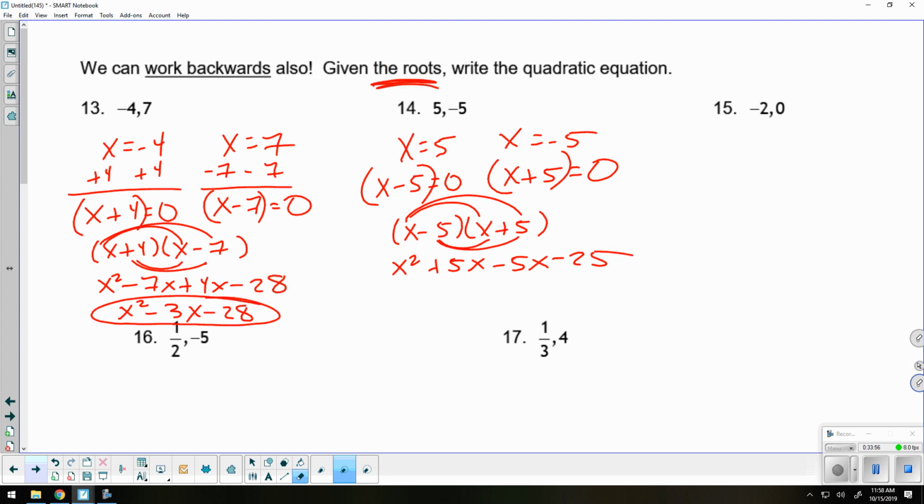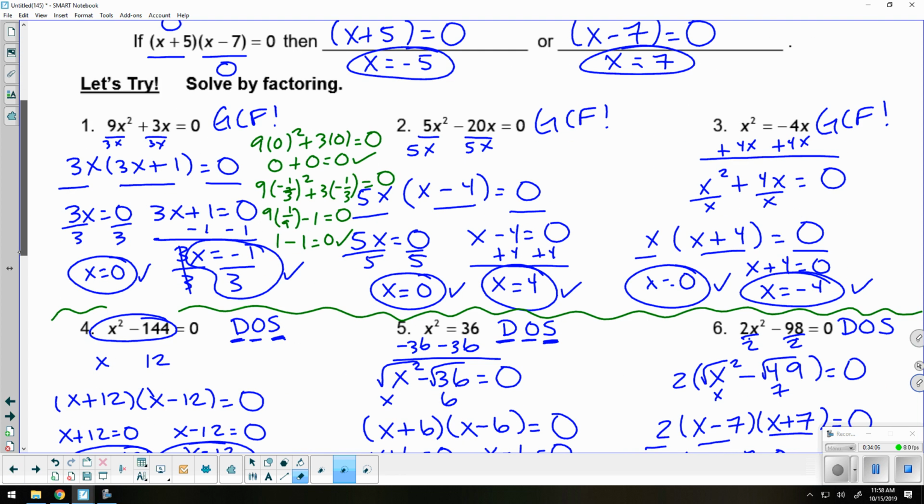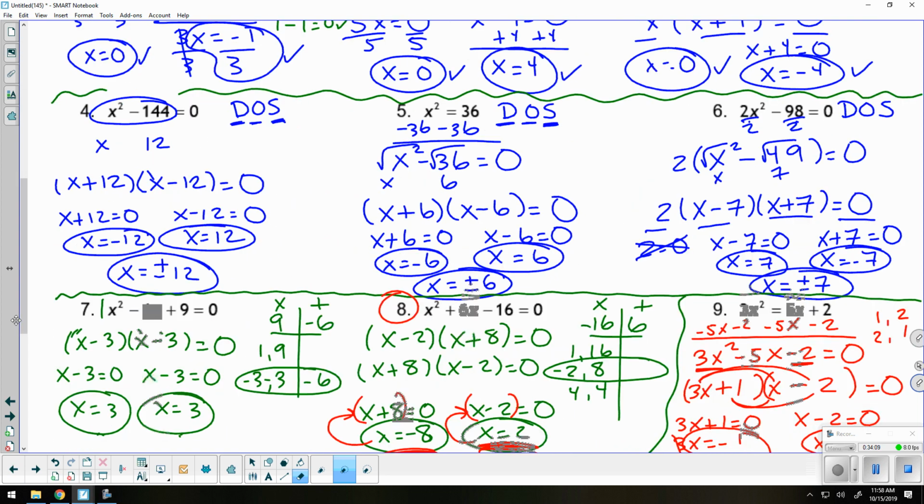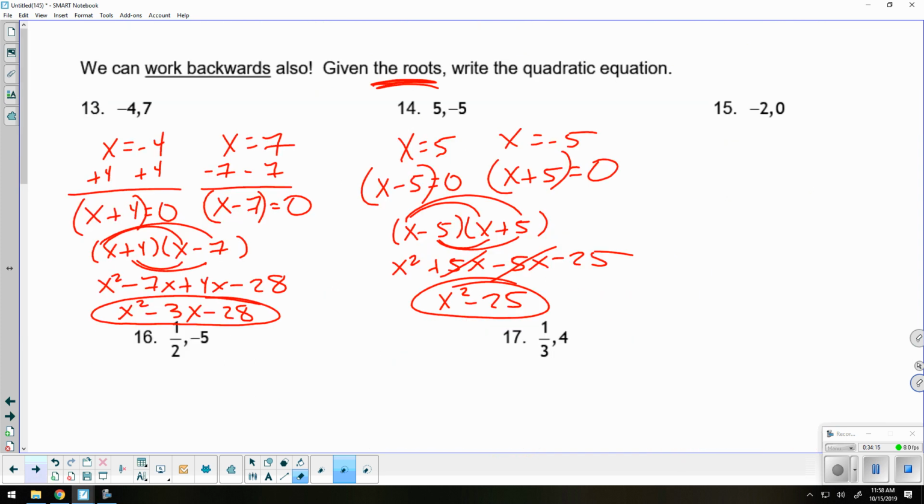Combine your like terms, but these just cancel. And guess what? You got a difference of squares, which makes perfect sense based on those answers up there. Because if we look back at the difference of squares, you get positive and negative 12, positive and negative 6, positive and negative 7.